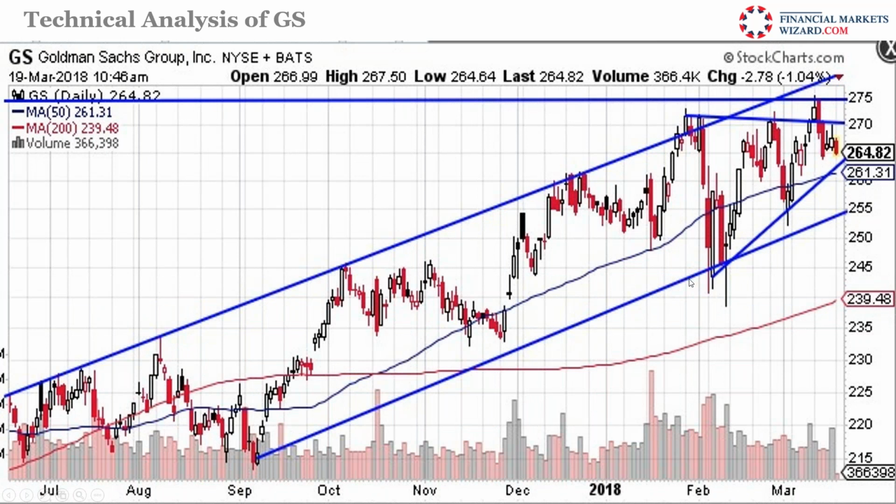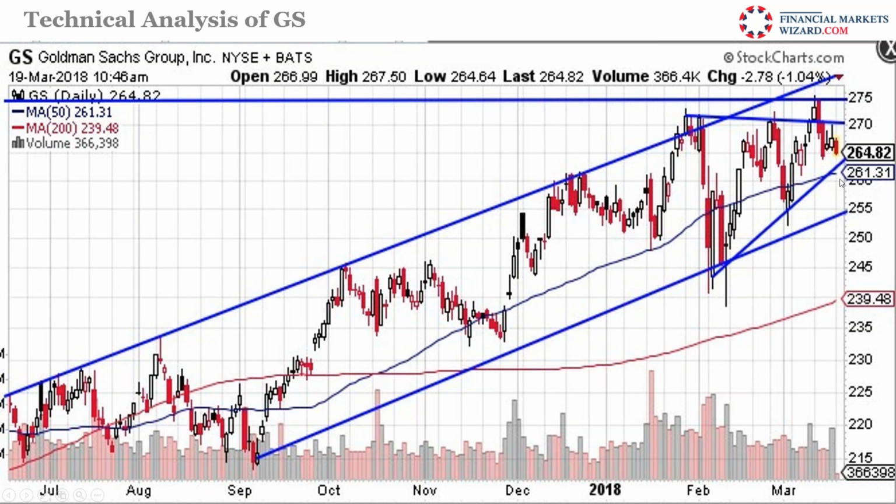Goldman Sachs. I don't know if I showed you the chart. This is Goldman Sachs. I identified Goldman Sachs. I didn't trade anything in GS, but it started showing that it wants to go down. I didn't trade because the 50-day was here. I said, okay, only 3 points left.